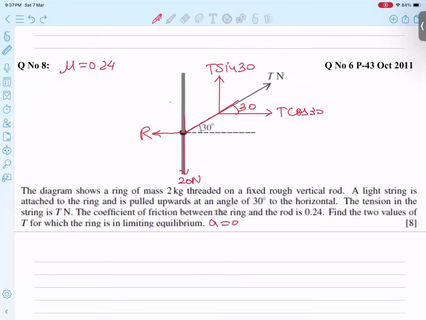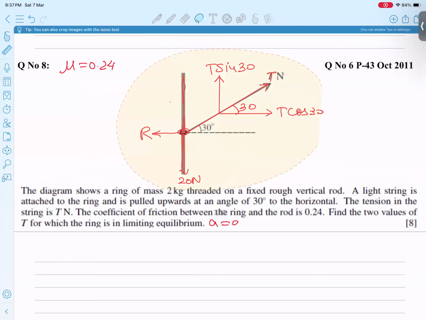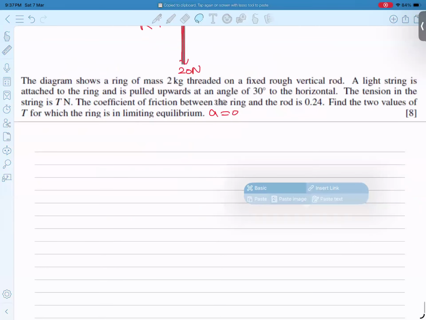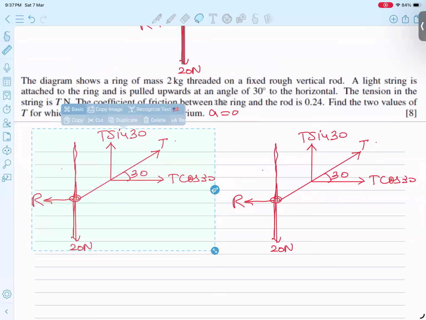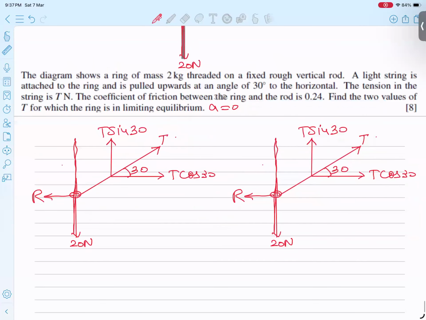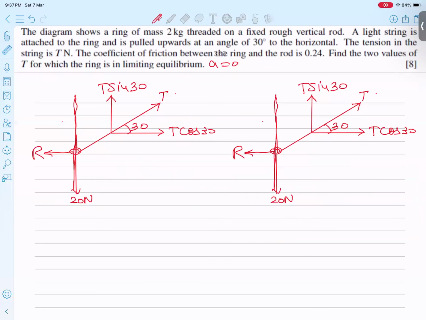Wait a minute. You can see here I make this force T newtons two times, and this is a ring. This diagram I am going to copy two times, one here and one here, so basically we have two diagrams. One is about to move down, so friction will naturally be upwards, and this is called the least force.